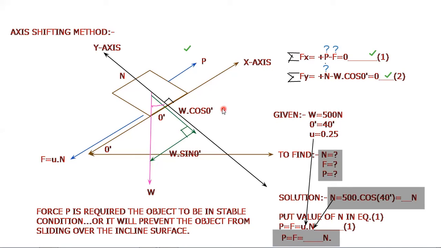So here I request you to solve this numerical at your home. You try to get this numerical. Here value of W is given, value of theta is given, and value of coefficient of friction is also given. Remember this thing, mu is nothing but the coefficient of friction.